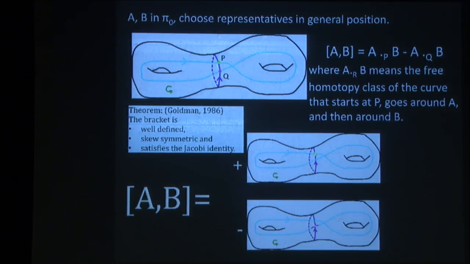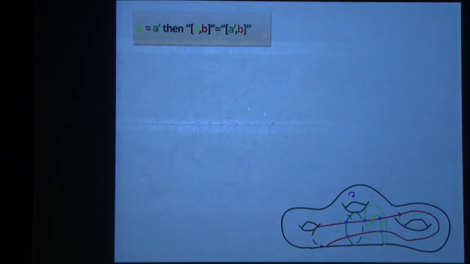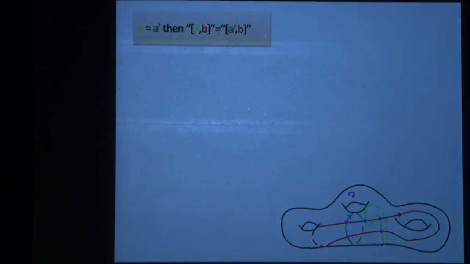But when you have something like this that satisfies an identity, you have something good. It's just telling some secret of the surface. So here is a very vague idea of why it is well defined. Say we are computing the bracket of the class of the red with the class of the green. The two greens are clearly in the same deformation class.